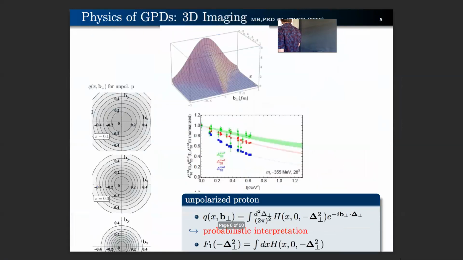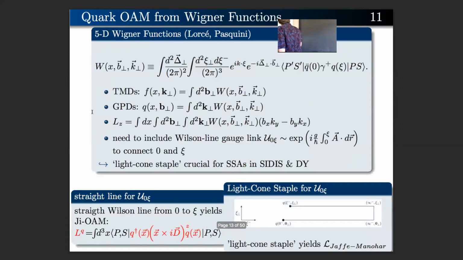Wigner distributions are defined like parton correlation functions, except you're looking at non-forward matrix elements. The non-forwardness, via a Fourier transform, gives you information about the position of the quarks. Once you have Wigner distributions, you can calculate TMDs by throwing away the information about position. You can get GPDs by throwing away information about the momentum, and the orbital angular momentum just by evaluating the expectation value of the cross product between position and momentum.